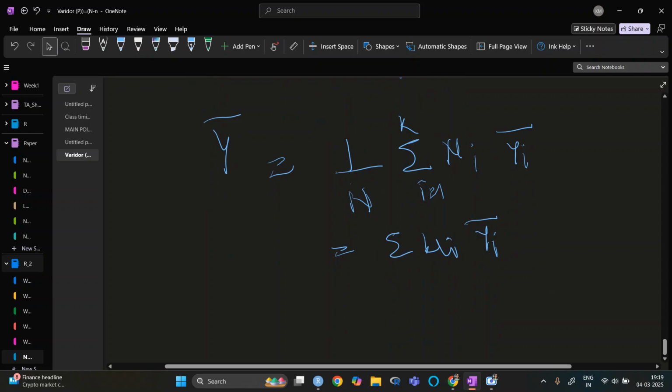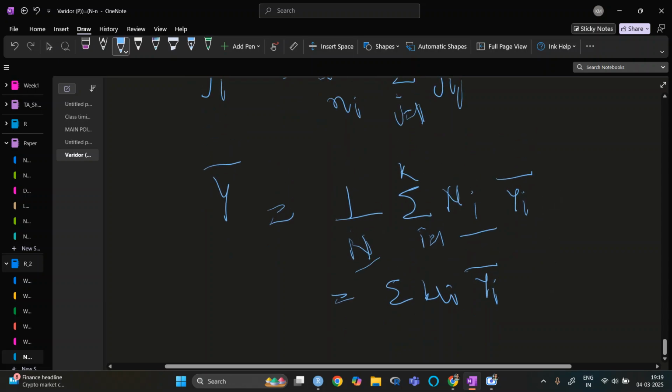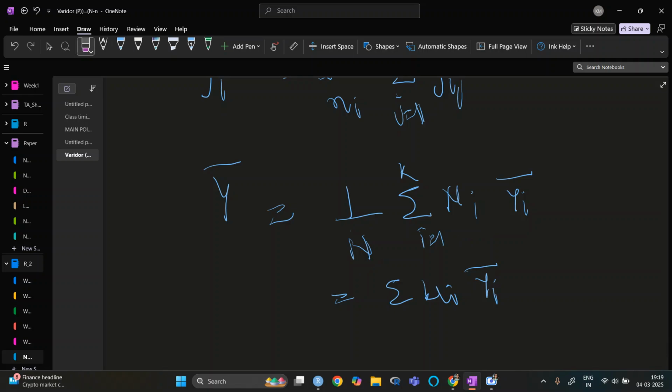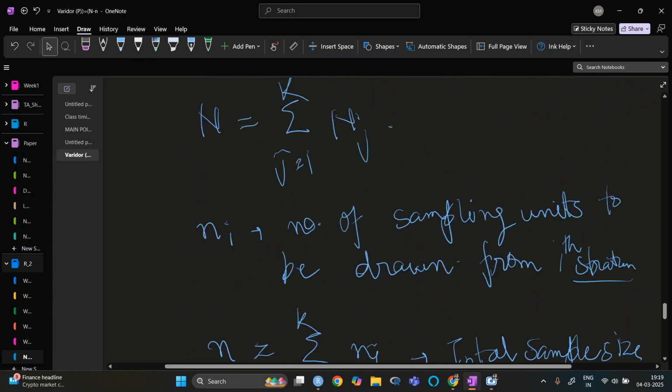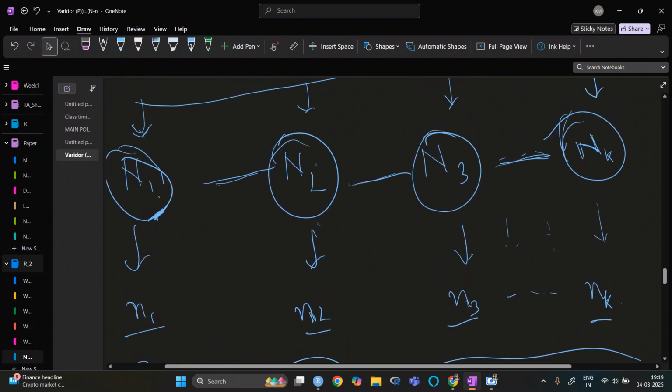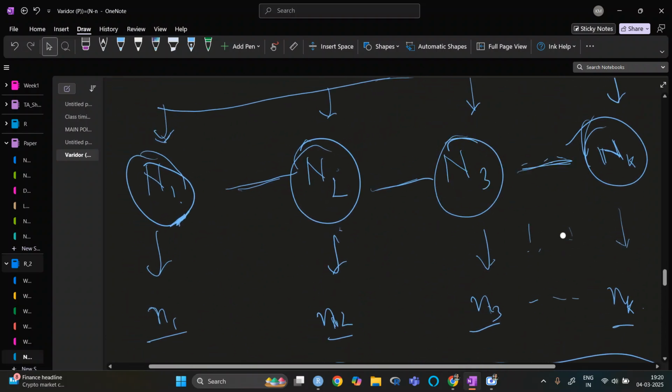Now, this is one of the things which was not happening earlier. Earlier we were just summing the y_i only, but here we are taking N_i y_i bar, 1 upon N. Why is that? Because it is not necessary that all have the same population size.